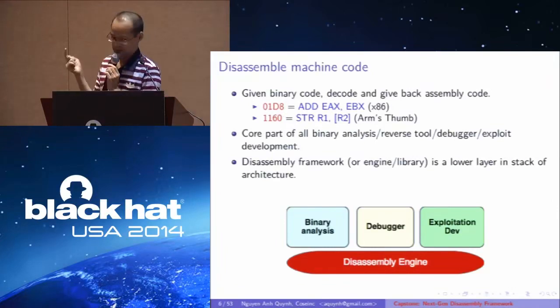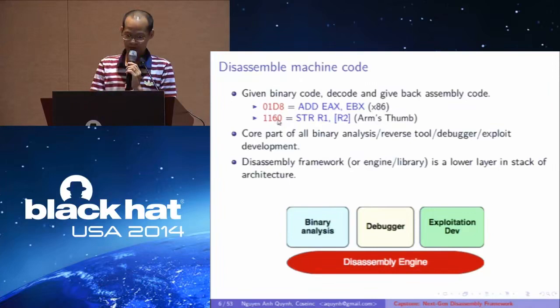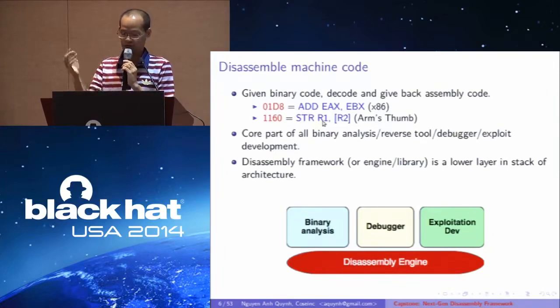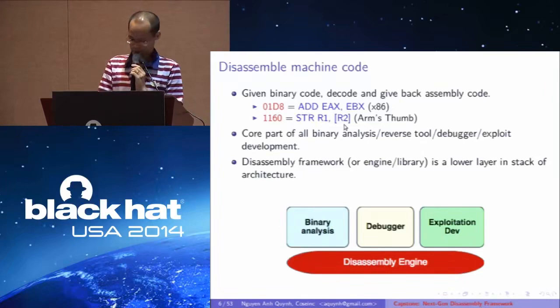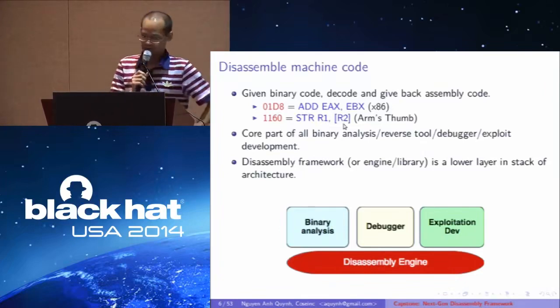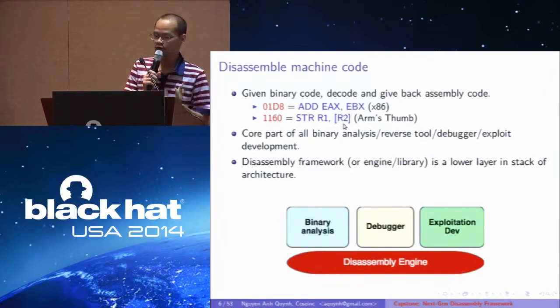On ARM Thumb mode, given the bytes 11 60, you need to return a store instruction, which stores the R1 register into some memory addressed by R2, right?